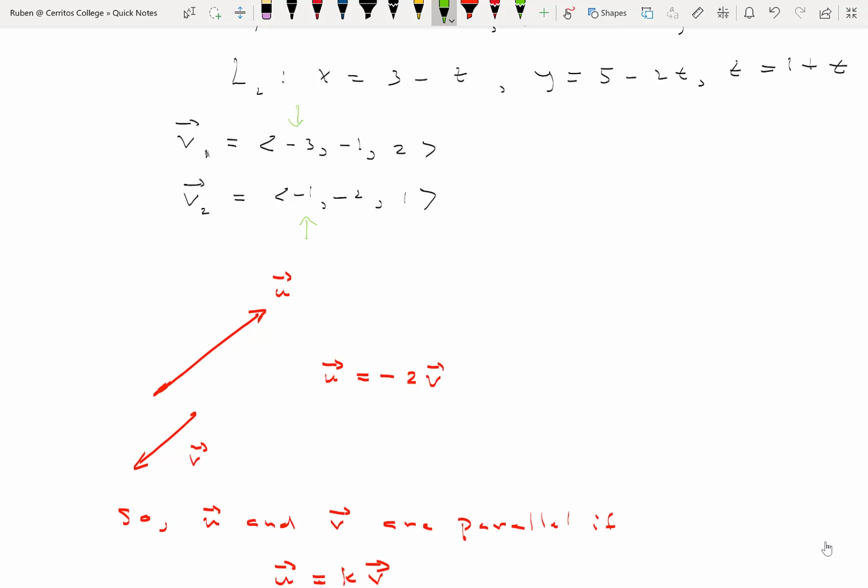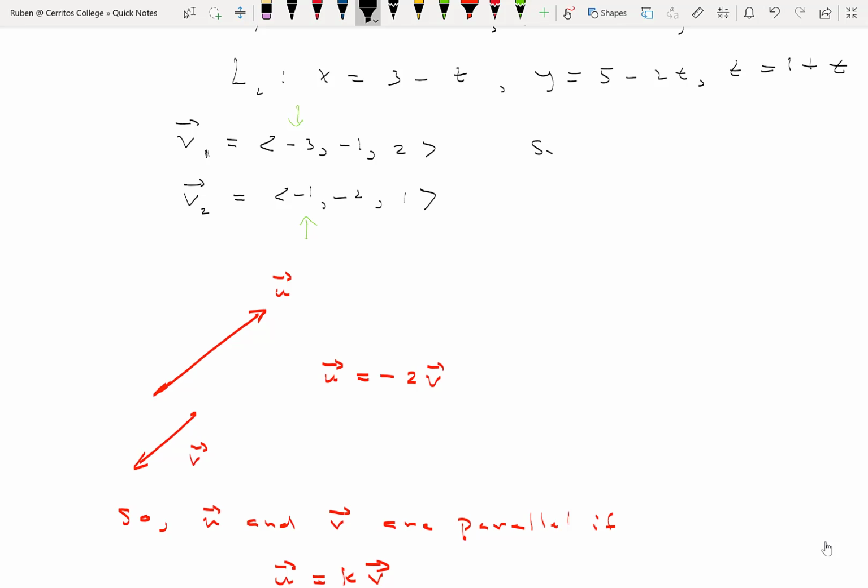So I'm going to have 3v2 equals v1, but when I multiply the second and third components, they don't match up with v1. If they were parallel, I would need v1 equals 3v2. But when you take 3 times the second and third components of v2, you don't get the second and third components of v1.